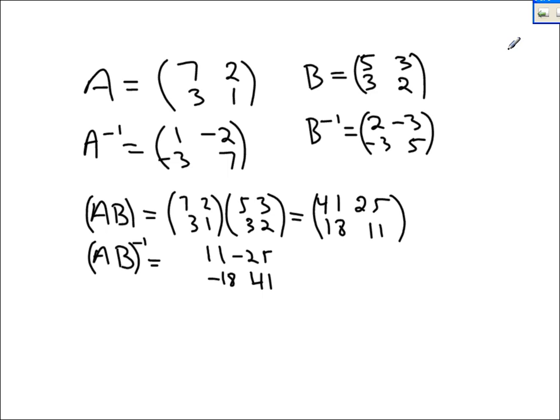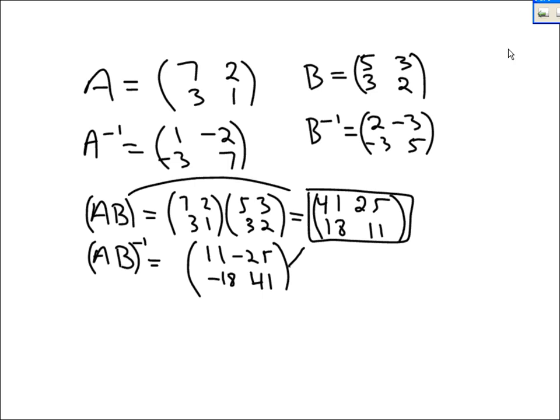That's AB inverse. Okay? And verify it. Multiply AB, we claim is that, by the inverse of AB, which is that, and verify when you multiply those two matrices, you get the identity. But what we want to do is look at B inverse A inverse.